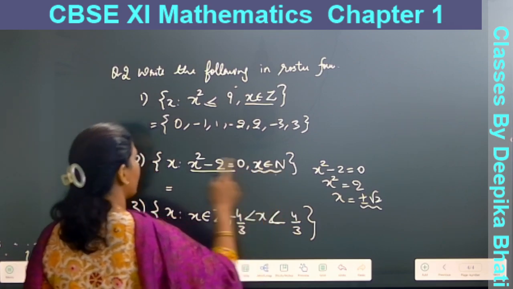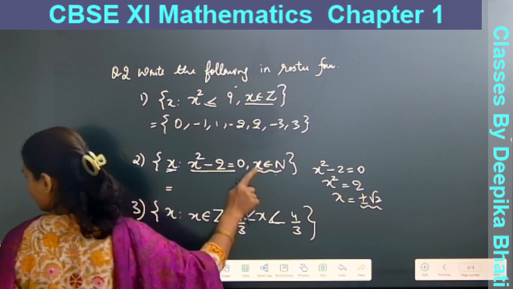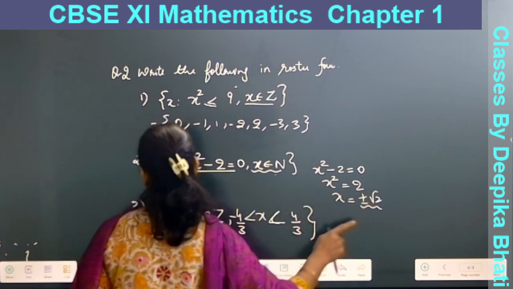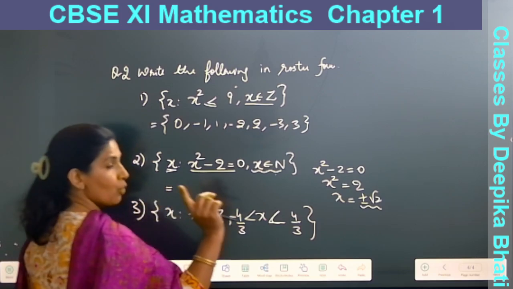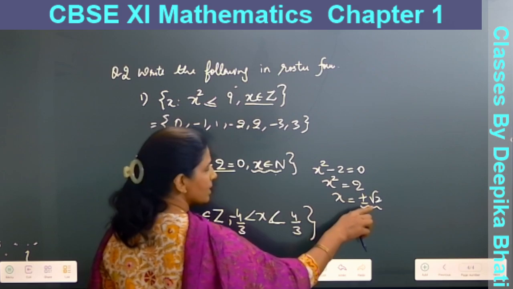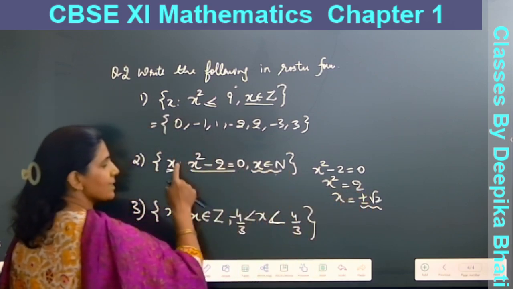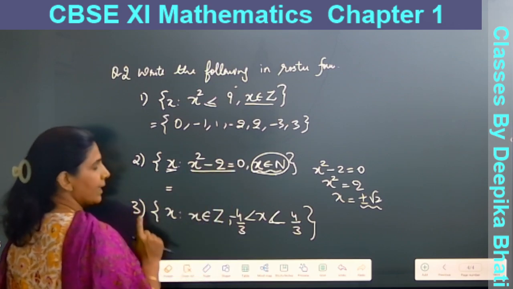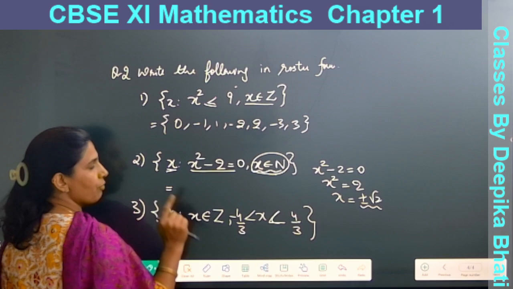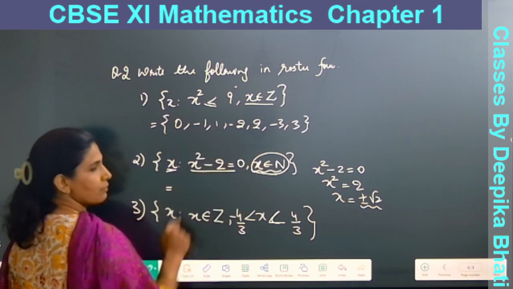We have to keep our x as a natural number. These are basically irrational numbers. Root 2 is irrational, you have done this in your class 10th. So the set is asking for a natural number which is the solution of this quadratic, but we don't have any value of x which is a natural number and a solution of this quadratic.